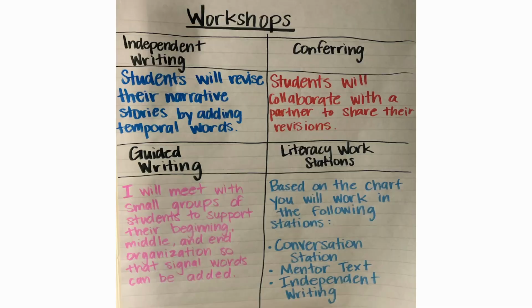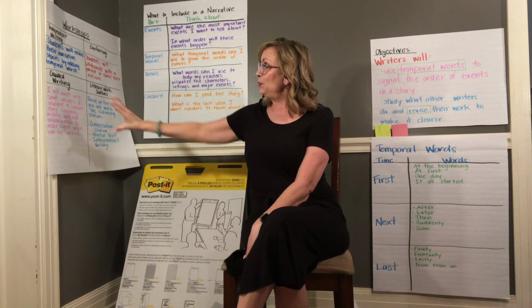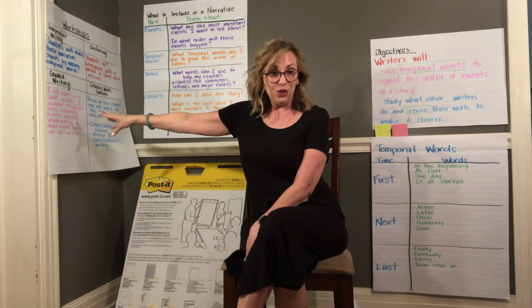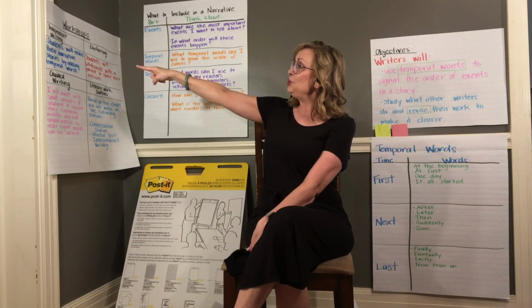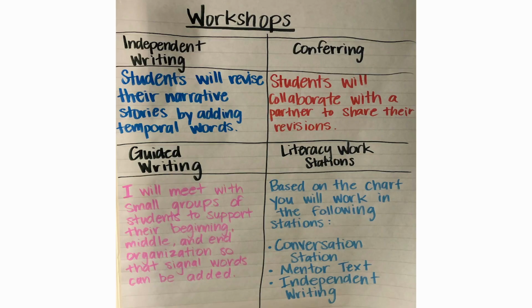First, you will get your writing notebooks and your green pens, and you are going to look at your narrative story and see where you can add some temporal words. That's right. As you are doing that, I am going to be meeting with small groups of students or perhaps some individual students. After you have finished adding your temporal words, you can go to the conferring station with a buddy and you can collaborate on your revisions.